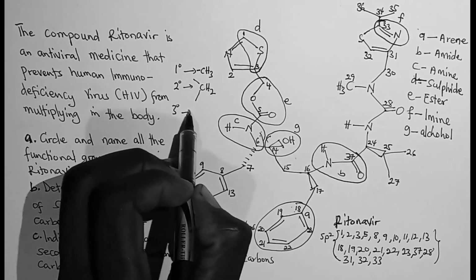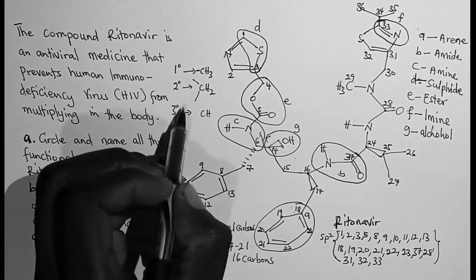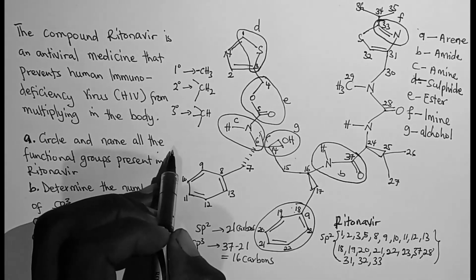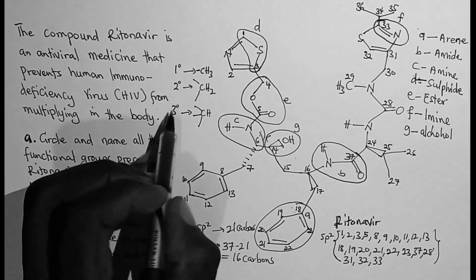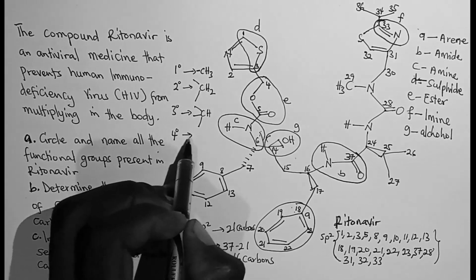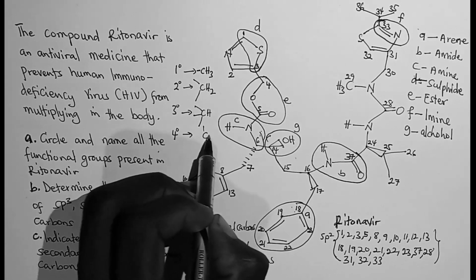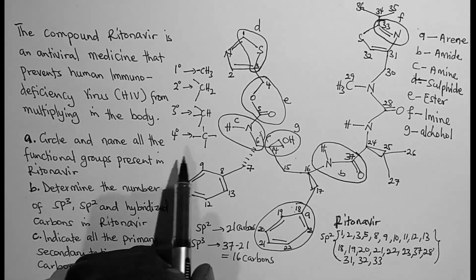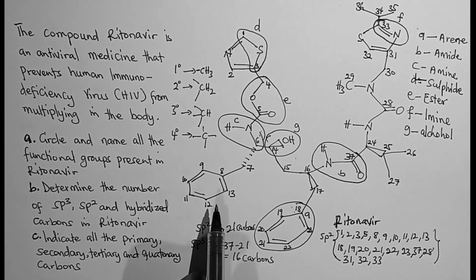And then a tertiary carbon is a CH with 3 of its hydrogens substituted. And then a quaternary carbon is a carbon that has all of its hydrogens substituted by different elements.